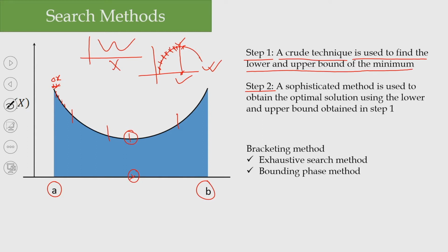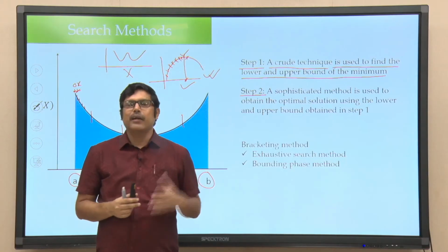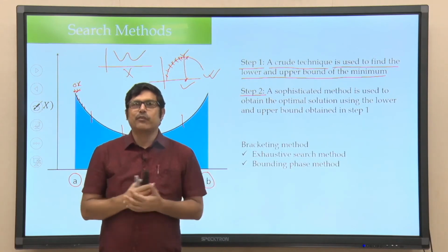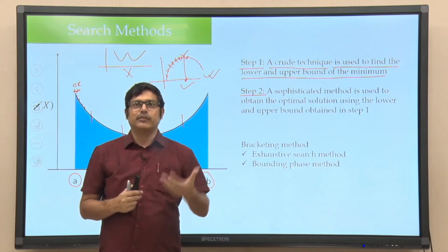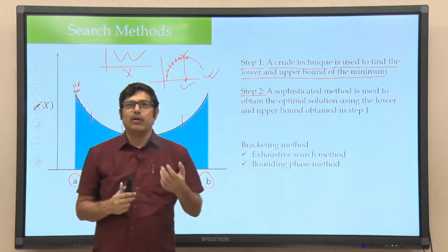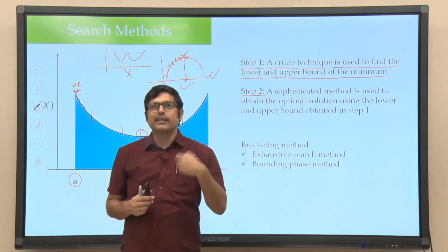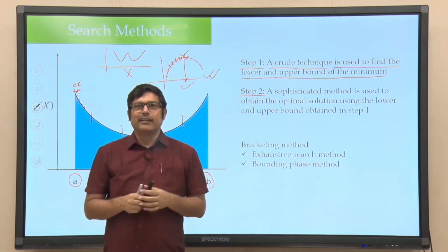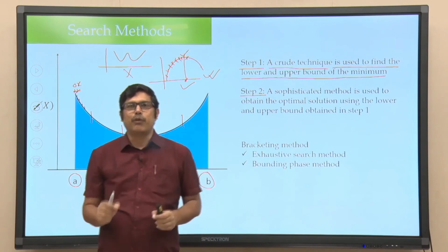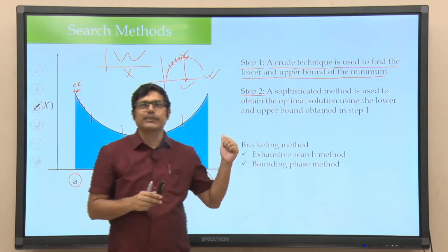It is not a very sophisticated algorithm, but it is very efficient in terms of computational time. That means with a very small number of iterations, I can bracket the optima, so I can say that the optima is between these two points. That is the objective of step 1.